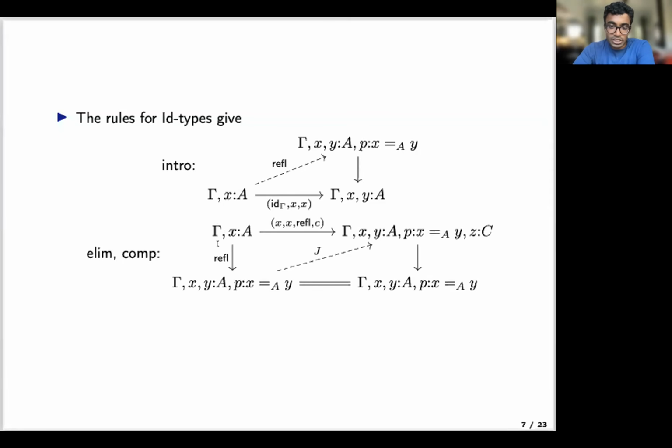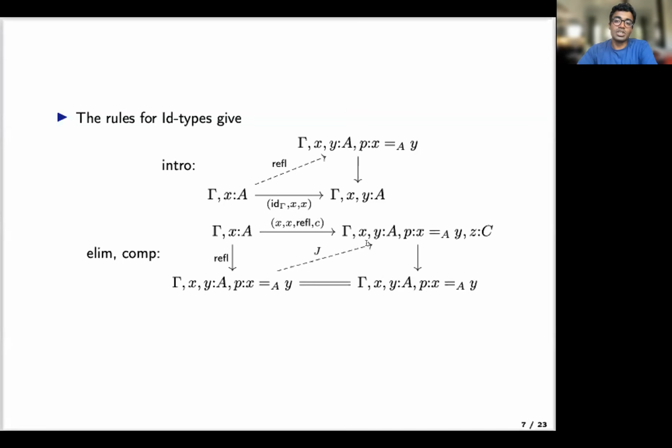The elimination and computation rules are given by this data. So the solid data, again, in this diagram are the hypotheses, and the dashed data is the conclusion. So what that says is that given a type C that depends on the identity type of A in gamma, right? And given an element of C that lives over the reflexivity proof, right? That's this thing up here. And the commuting diagram says exactly that it lives over the reflexivity proof.